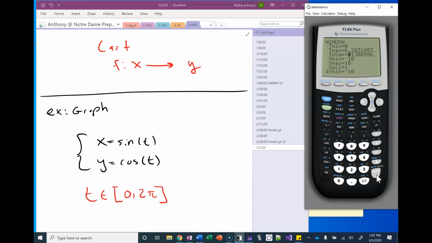It's a circle. In fact, what are we really graphing here? This is going to be the unit circle, right? If you think about what the unit circle is, it is a circle whose x-coordinate is cosine of theta and y-coordinate is sine theta. Same thing that we have going on here, right?